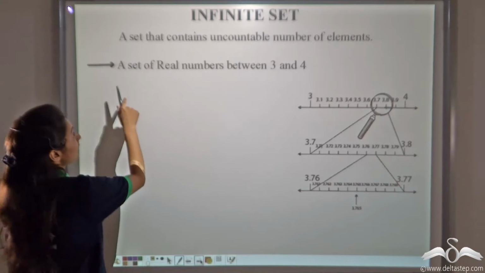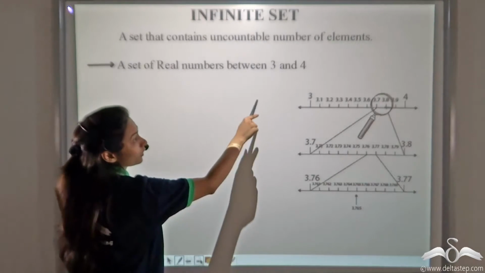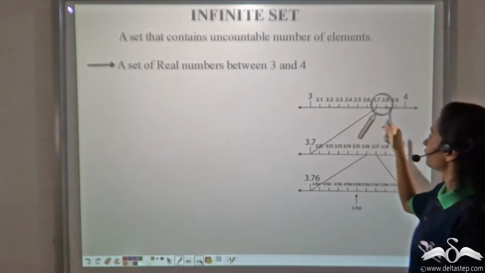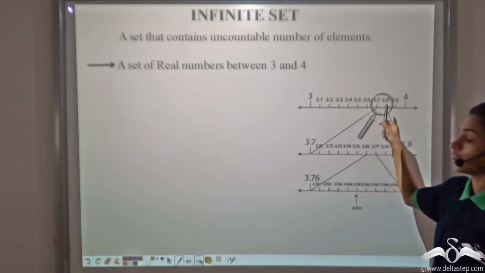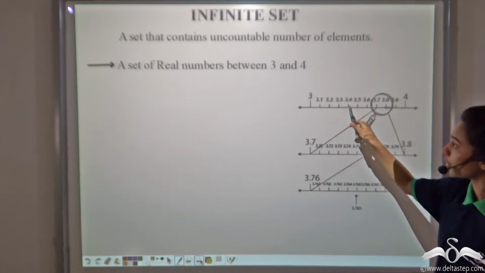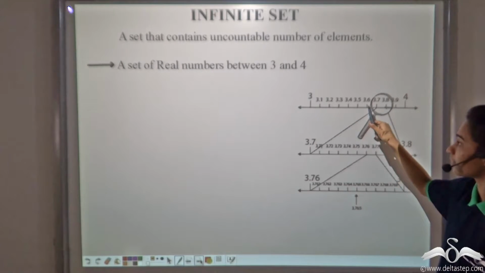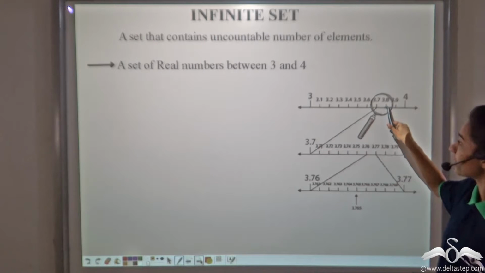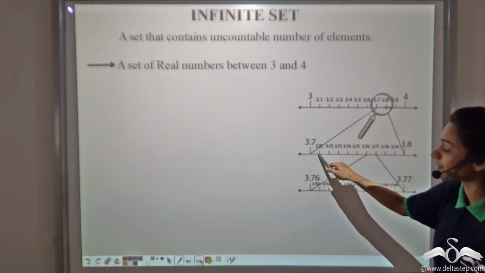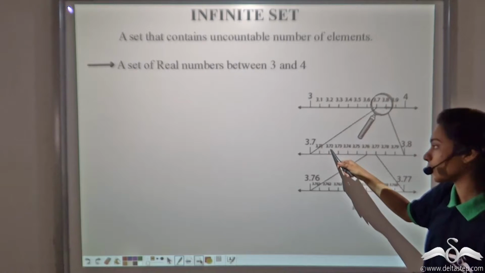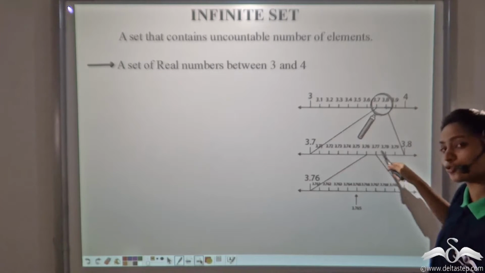For example, a set of real numbers between 3 and 4. The numbers 3 and 4 can be divided into many decimals such as 3.1, 3.2, 3.3, 3.4, 3.5 and so on. Well, 3.7 and 3.8 can be further divided into more decimal numbers such as 3.71, 3.72, 3.73 and so on.